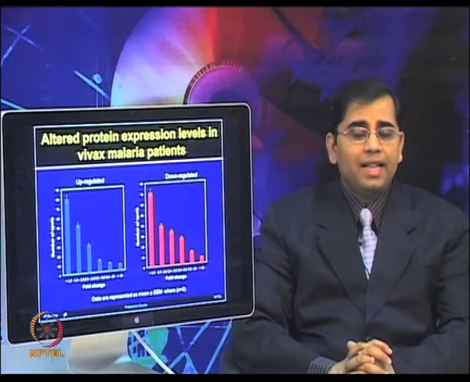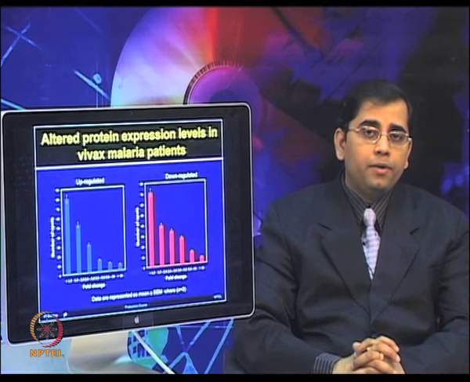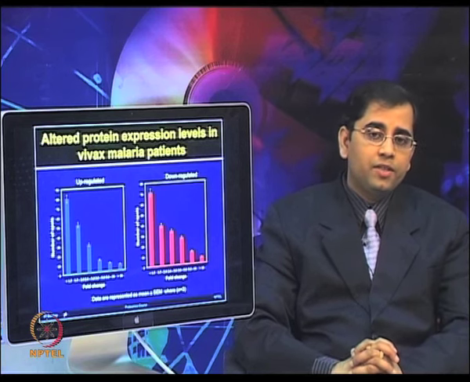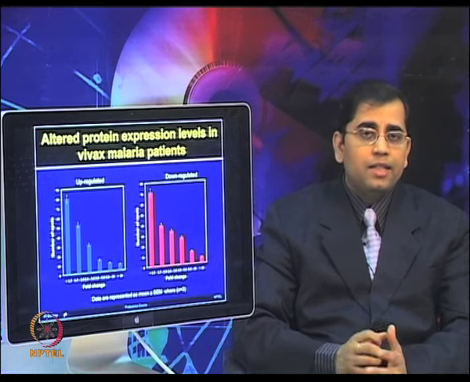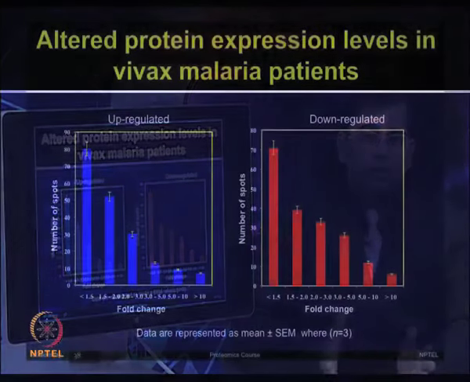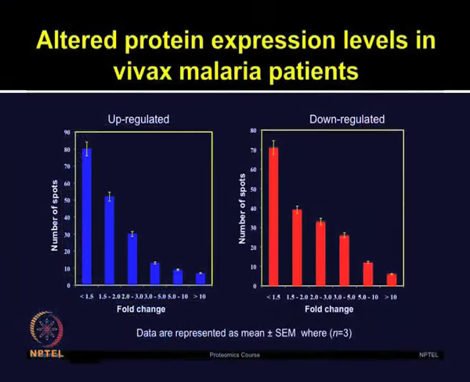After completing the analysis, we were able to obtain a large number of differentially expressed proteins, and as you can see in this graph, these proteins vary in different ranges of fold change. Many proteins show very little fold change, between 1 to 1.5 fold, and there are a few proteins which also show more than 10 fold up or down regulation.